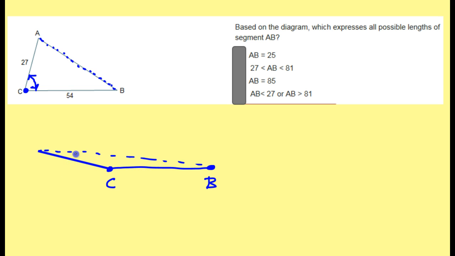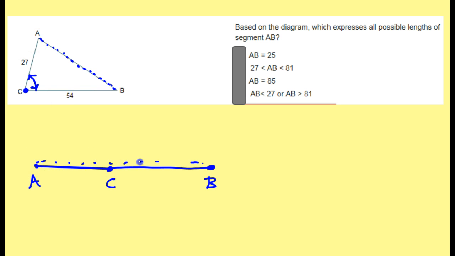But imagine if I stretched it even further until it's all the way flat. Obviously if I make it flat, you can't make a triangle anymore, but this will give you an idea of the outer limit. So here is the point A right here, that I've now stretched out wide open.